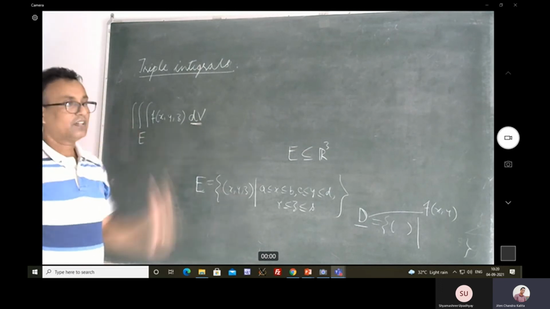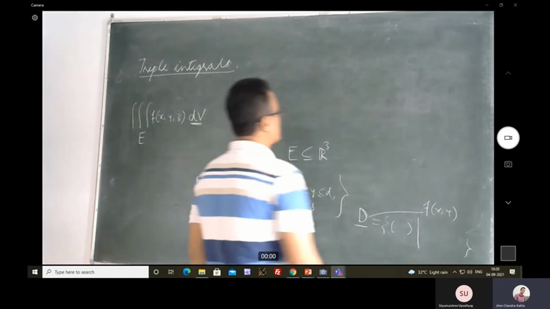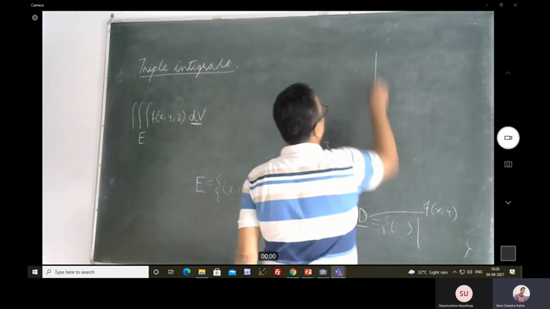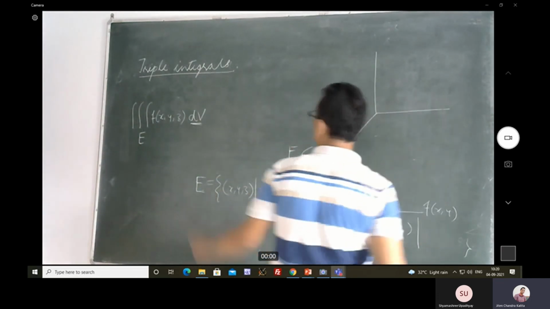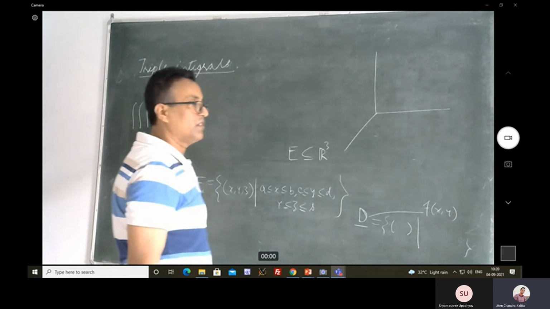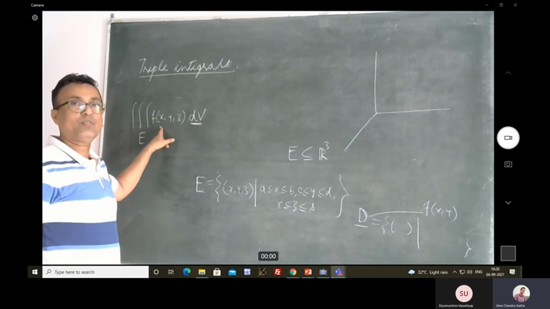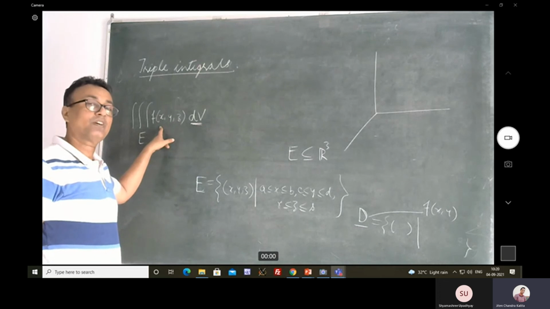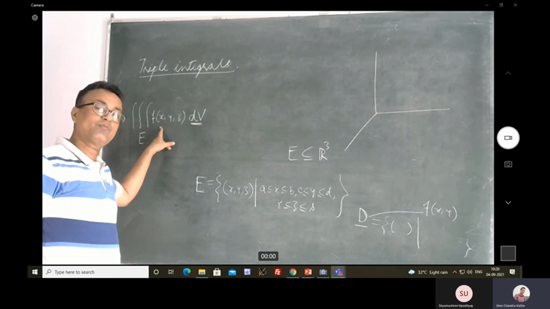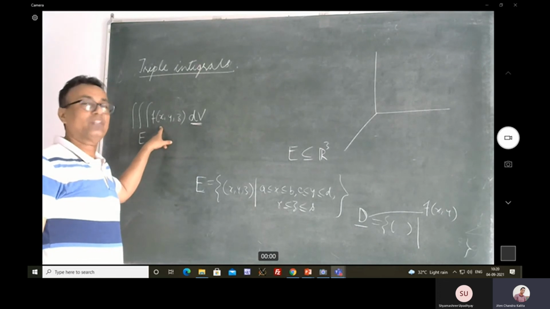Like in 2D, here again we have a function of three variables. The graph of this you cannot visualize, whereas the graph of a function of two variables, you could have easily visualized as a surface.